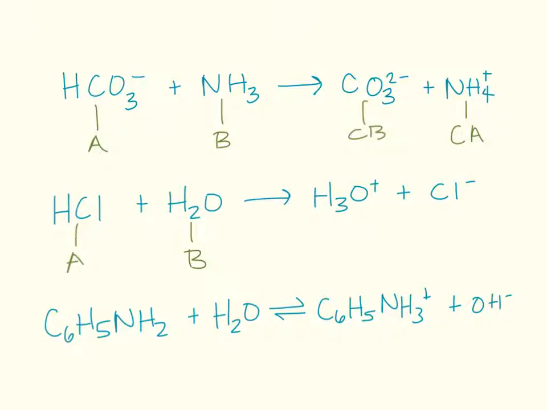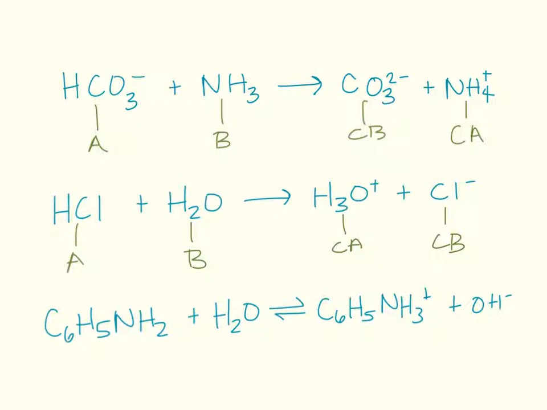Since water is the base, this will be its conjugate acid, because if we look in the reverse direction, it loses hydrogen, and that's the definition of an acid. Also, chloride will be the conjugate base.